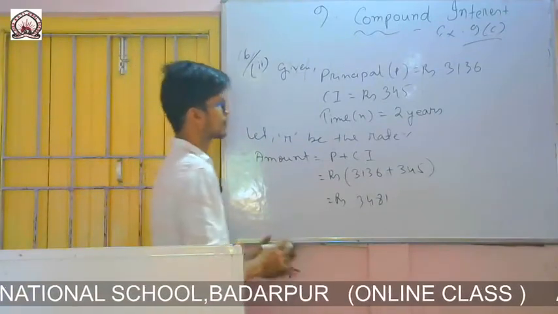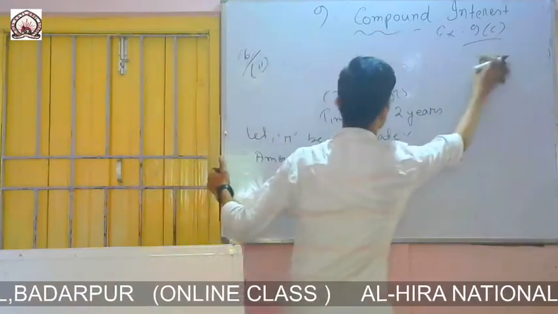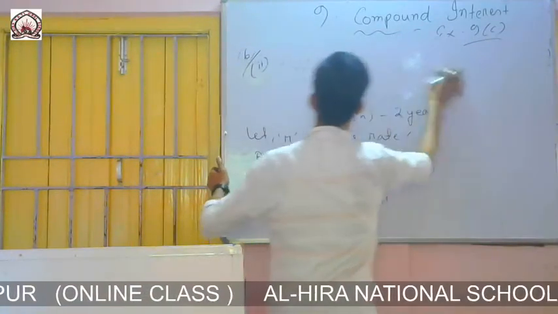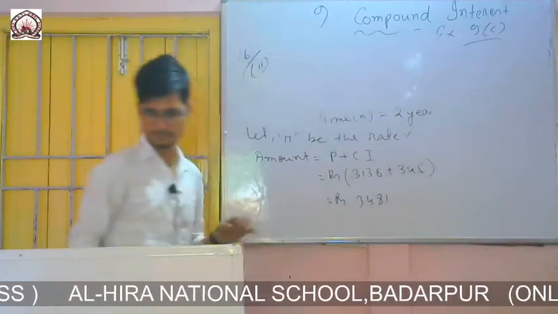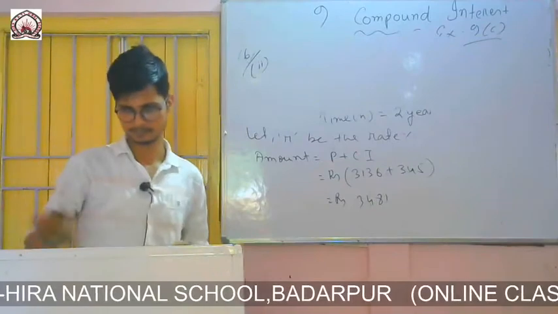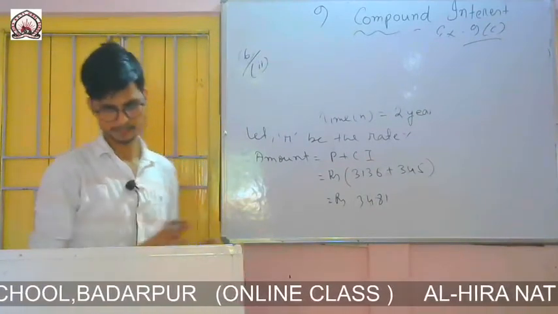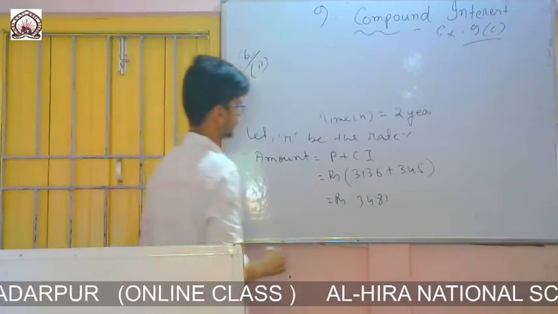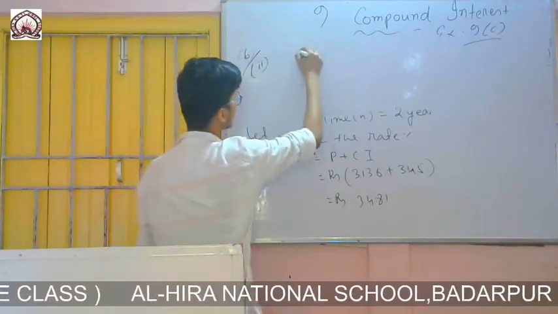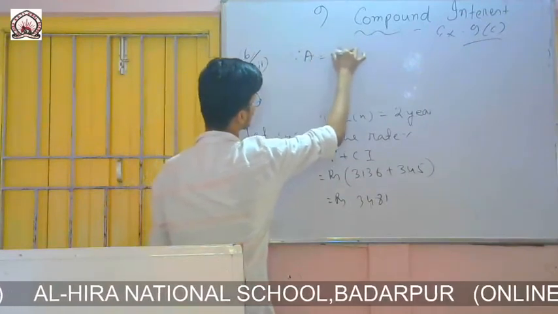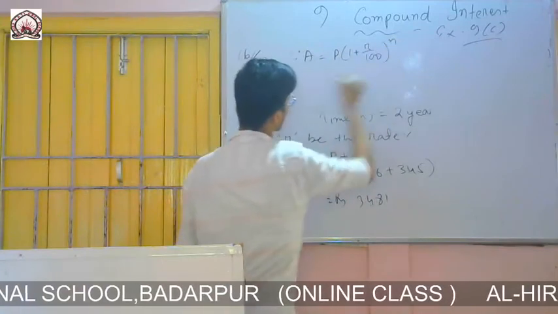So we know the formula, amount equals P into 1 plus R by 100 to the power n.